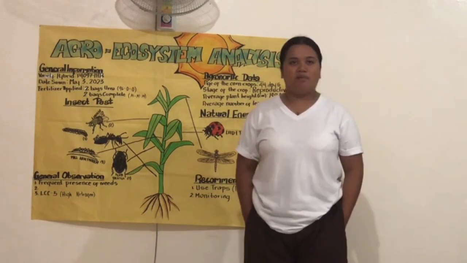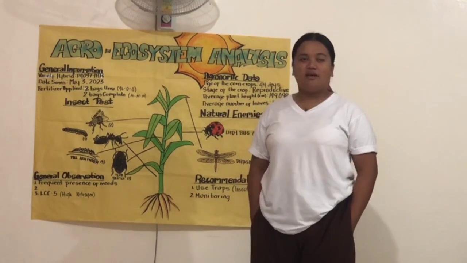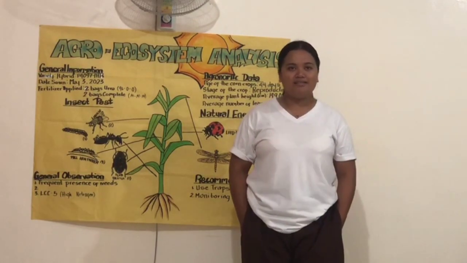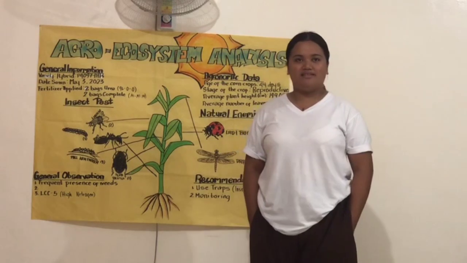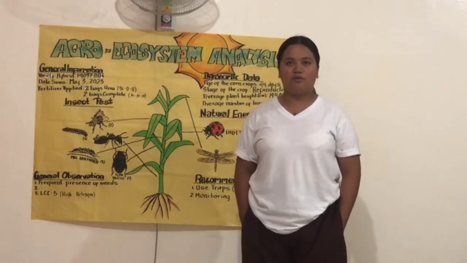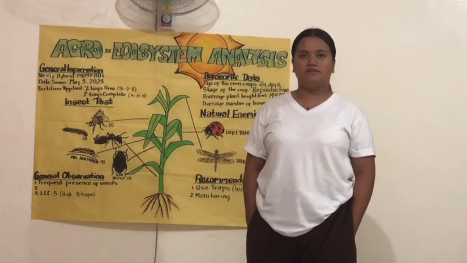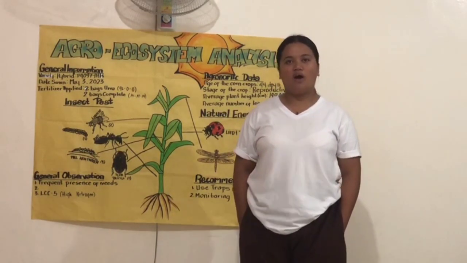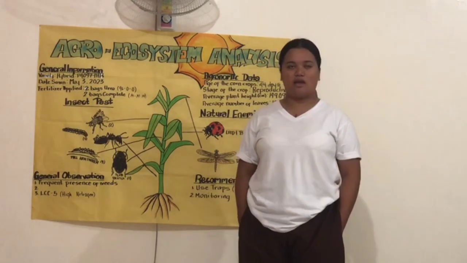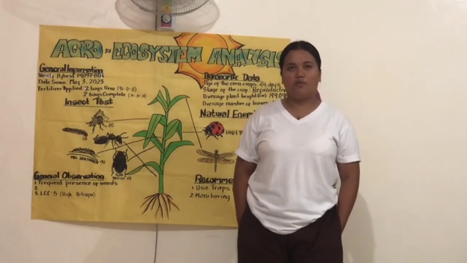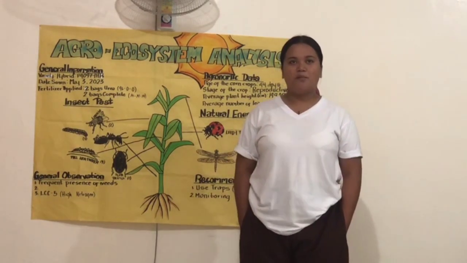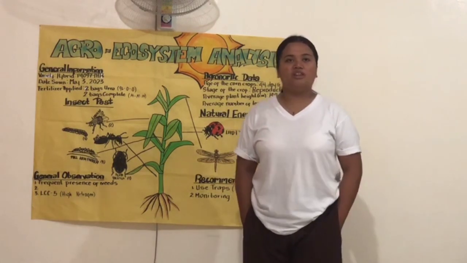Interaction and relationship. Agro-ecosystem analysis examines the interdependencies and relationships between different components. For instance, understanding how particular crops affect soil health or how the presence of certain insects can benefit or harm crop production. Biodiversity.